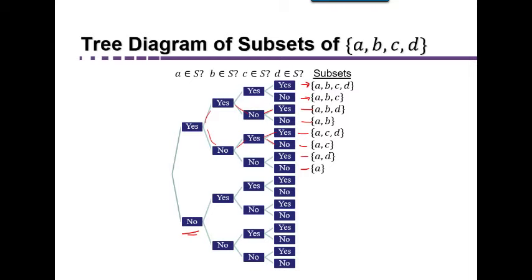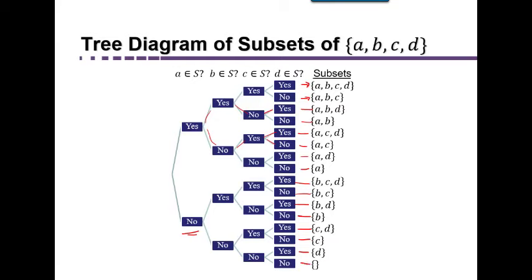The next branch is 2 yeses, a no, and a yes, so A, B, and D are in the subset. The next branch is yes, yes, no, no, so only A and B. The next branch is yes, no, yes, yes, so A, C, and D. Then we have yes, no, yes, no, so just A and C. Then we have yes, no, no, yes, so only the first and last, A and D, are in there. And then yes, no, no, no, so only A.